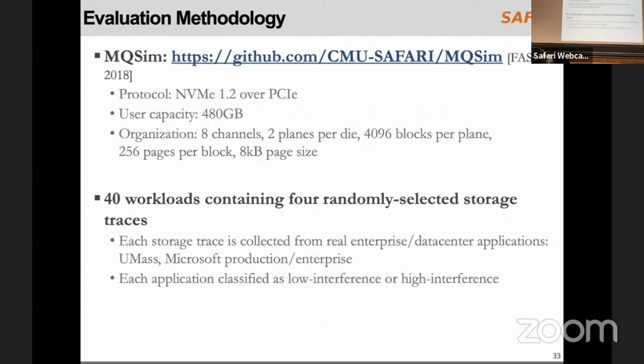We use MQSim, the simulator that we developed together with this work. We wanted to do research on NVMe SSDs, and because NVMe SSDs are considered multi-queue SSDs, where essentially each application has a queue, but back then there were no SSD simulators that could simulate that.